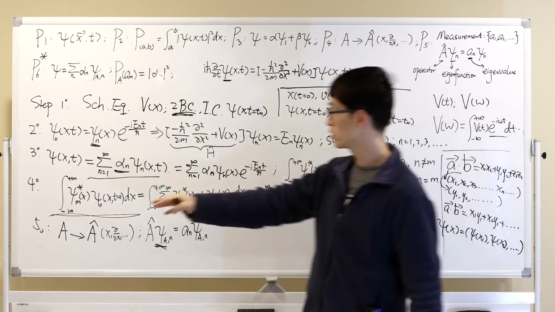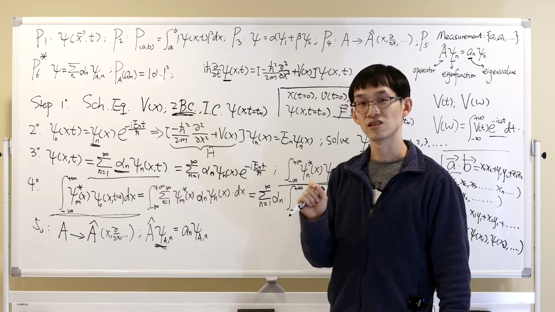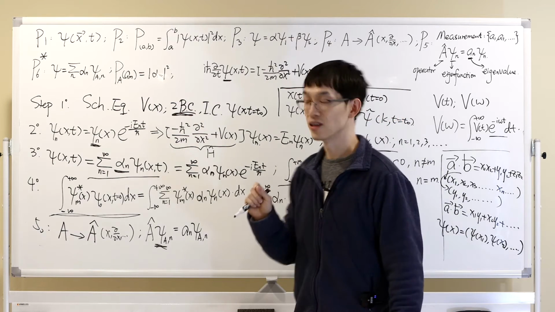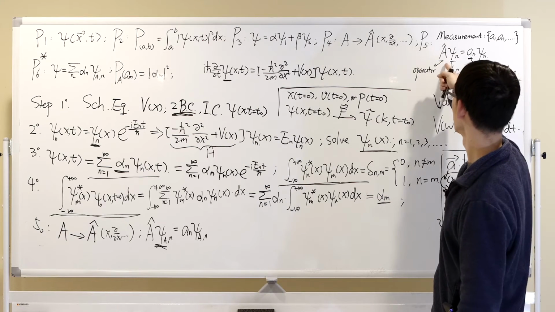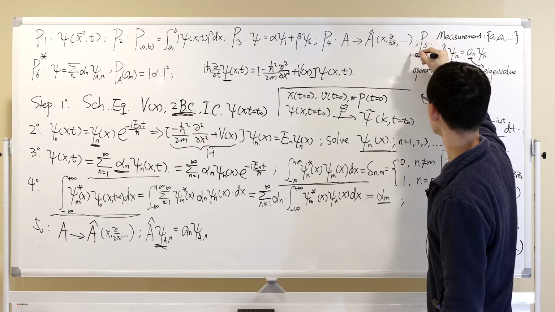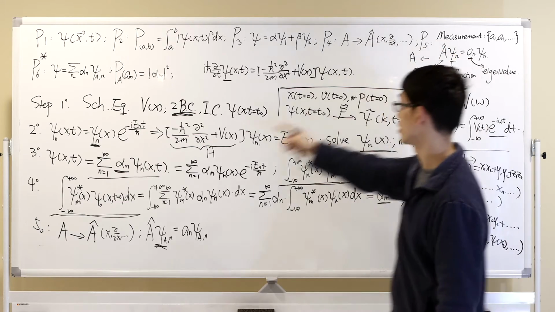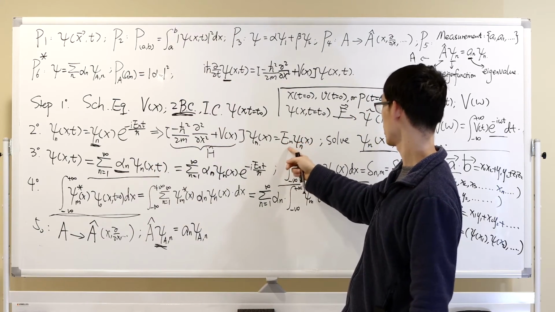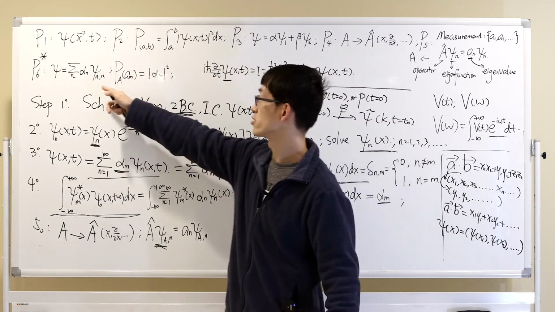If after these initial 4 steps, all you want to measure is just the energy, right? Then you can simply apply postulate 5, okay? Because then A becomes H, right? If you just want to measure energy, then you already get all the eigenstates and eigenvalues, and you already get all the coefficients in postulate 6.